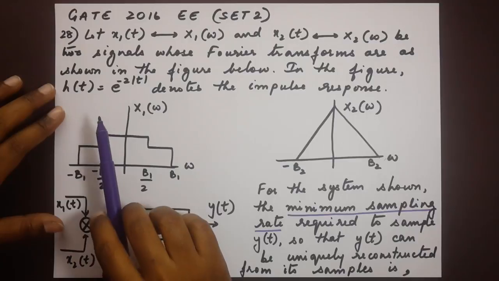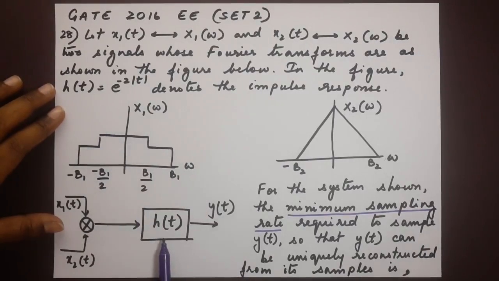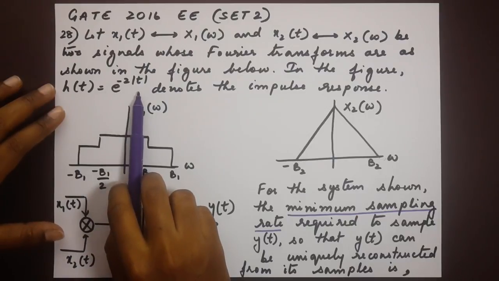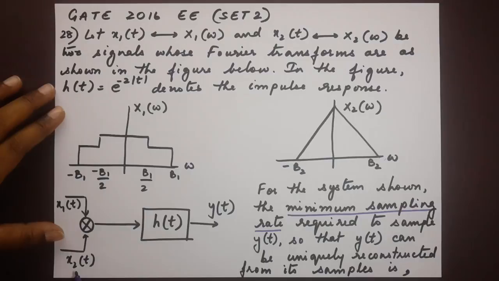And the figure gives us that h of t, this system right here, is e to the power of minus 2 mod t. So correspondingly you will see that the input signals x1 of t and x2 of t making up this system give out the output of y of t.